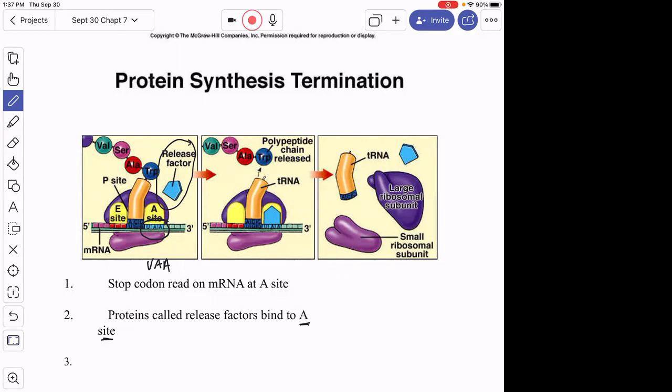That activates the ribozymes in the large subunit to sever the growing polypeptide from the tRNA. You can see here how that polypeptide chain has been released when those release factors come in. And thirdly, the ribosome dissociates.